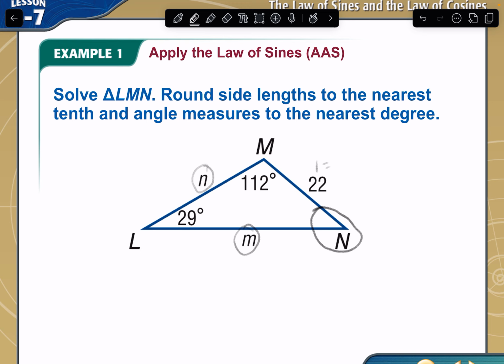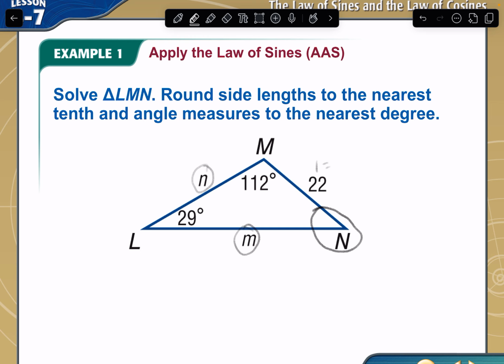The easiest thing to start with is my missing angle measure. We've talked about how a triangle always adds up to 180. That's true no matter if it is a right triangle or some other form of triangle.